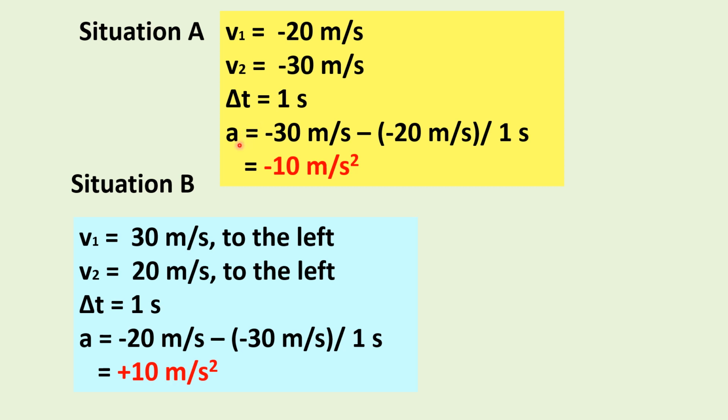Computing for the acceleration, final velocity minus initial velocity over the time elapsed, or negative 30 meters per second minus negative 20 meters per second divided by 1 second. So, what do we get? We get an acceleration that is negative 10 meters per second squared.